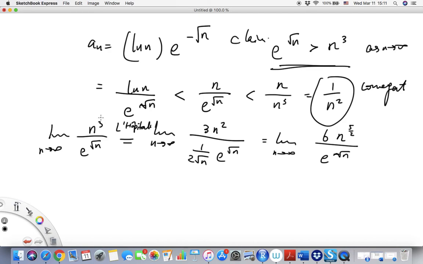Originally we started with n cubed, now it is n to the 5 over 2. So you do L'Hopital's again. Each time you do L'Hopital, the power is going to decrease, eventually to some constant. You keep doing that, and then you can show this is equal to 0. The L'Hopital is left as an exercise.